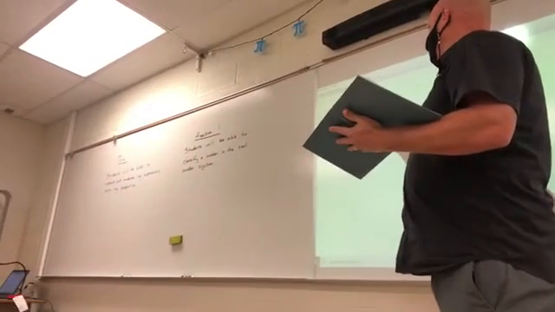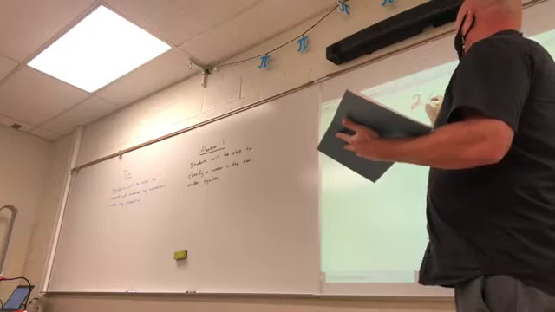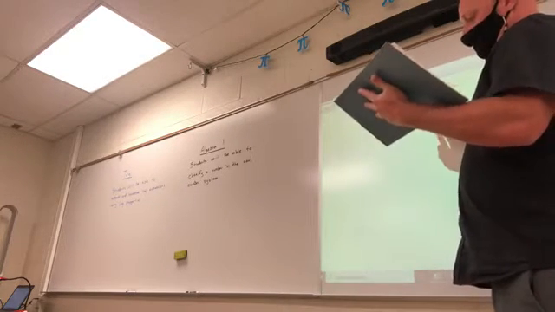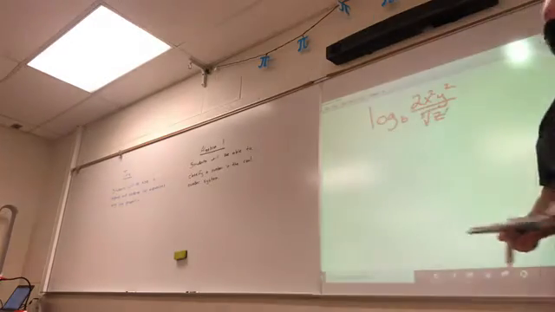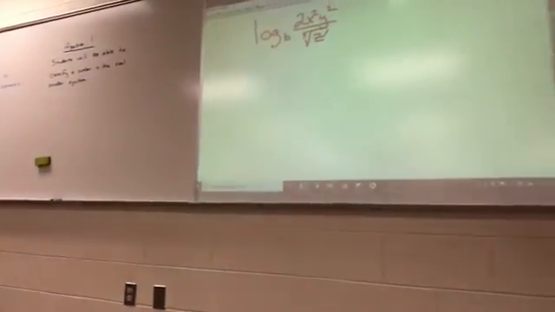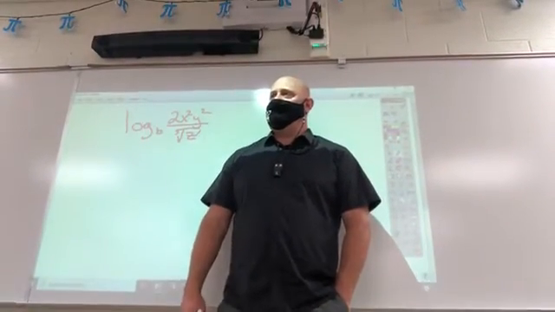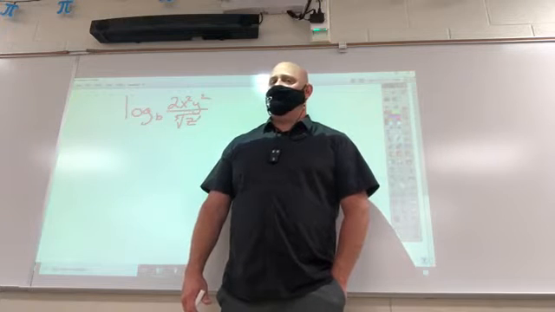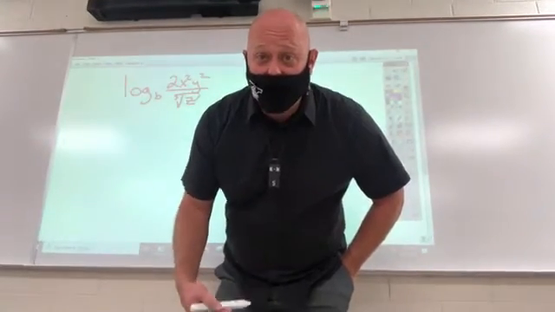It says log base b of 2x squared y squared over the 5th root of z. Ready, set, go. This is where you at home should be trying it too.